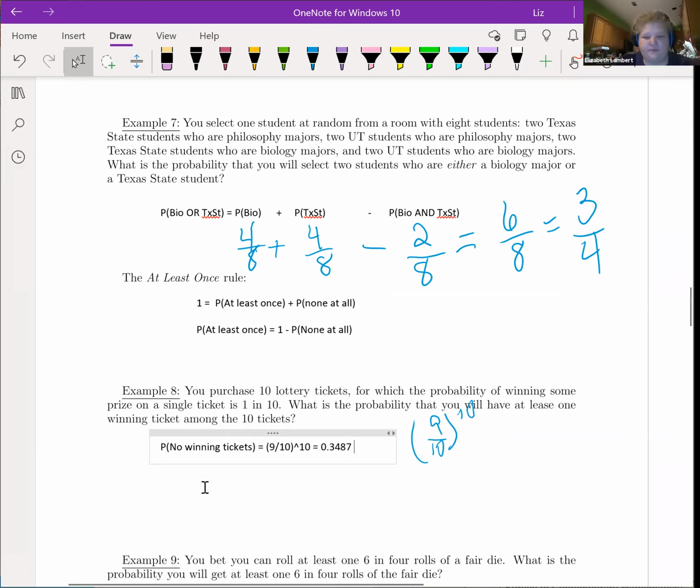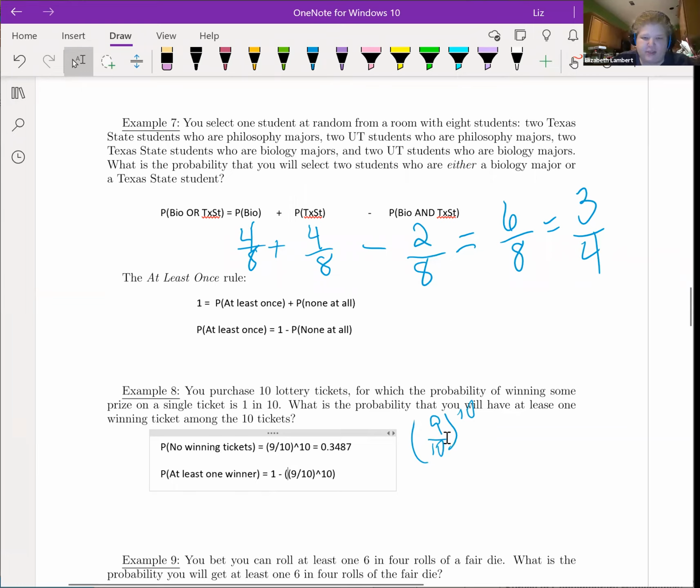All right, so we calculated that. So the probability of at least 1 winner is 1 minus the ridiculous 9/10 to the 10th power. Now, order of operations should do the exponent before it does the subtraction.